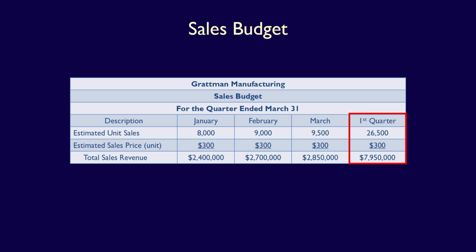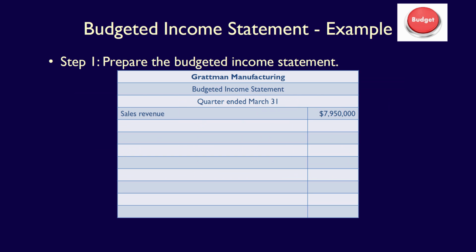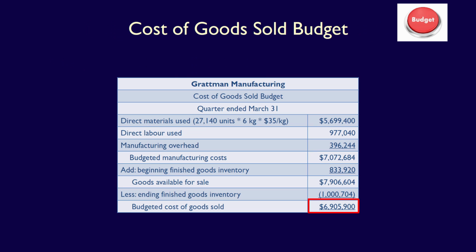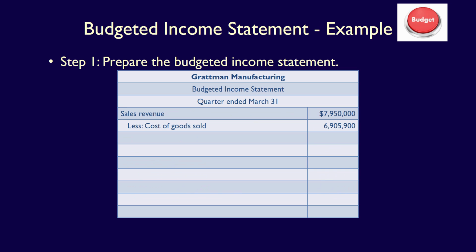The first quarter sales revenue is $7,950,000. We'll transfer that into our budgeted income statement, $7,950,000 for sales revenue. Next, we have to determine the cost of goods sold, which we'll get from our cost of goods sold budget, $6,905,900. We'll transfer that into our budgeted income statement, cost of goods sold, $6,905,900.